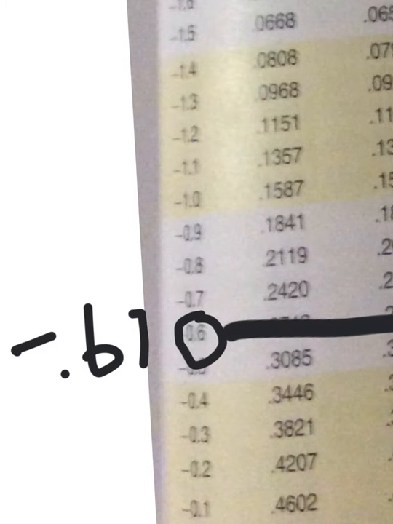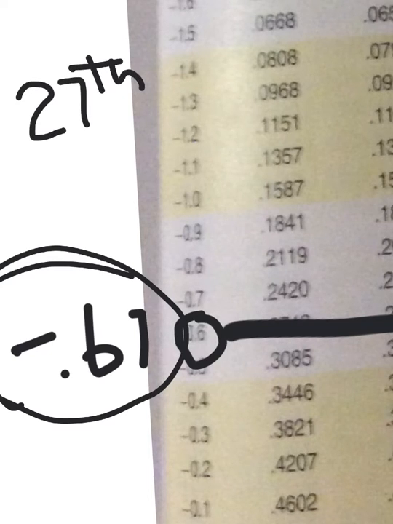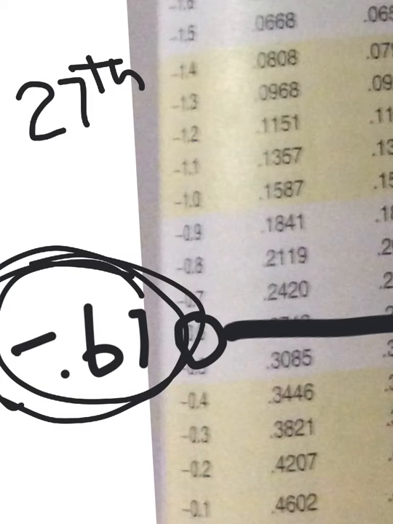So there it is. That's the z-score. If you're at the 27th percentile, what would our z-score be? Negative 0.67.